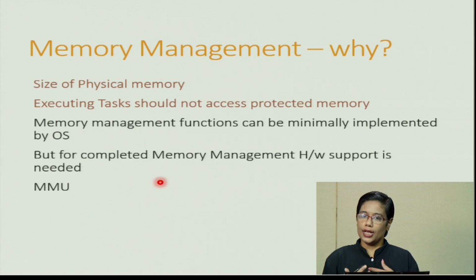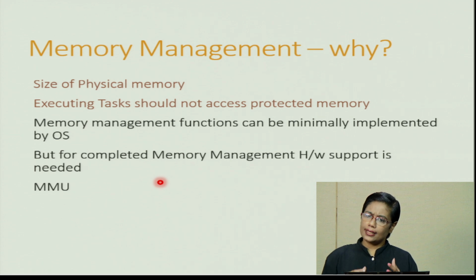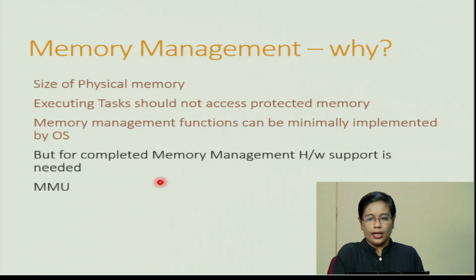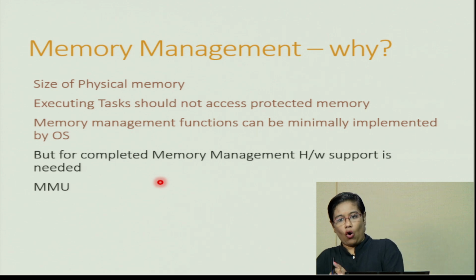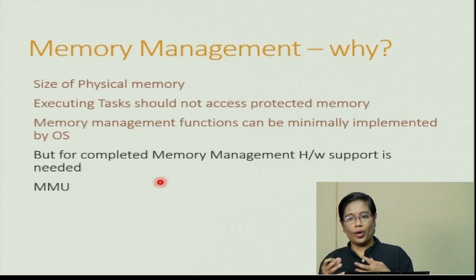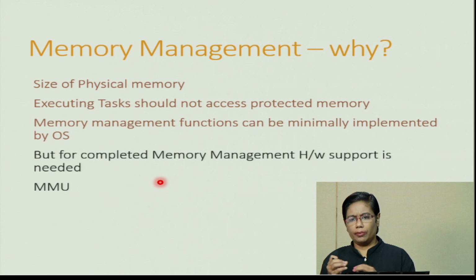So memory protection is going to be required, and memory protection can be implemented with the help of the memory management unit. To some extent it can be implemented by the OS, but if you want complete memory protection, so that you don't want task A to access the code of task B or the data of task B, or any of the OS data, that cannot be done just by writing a mutex program or a semaphore implementation.